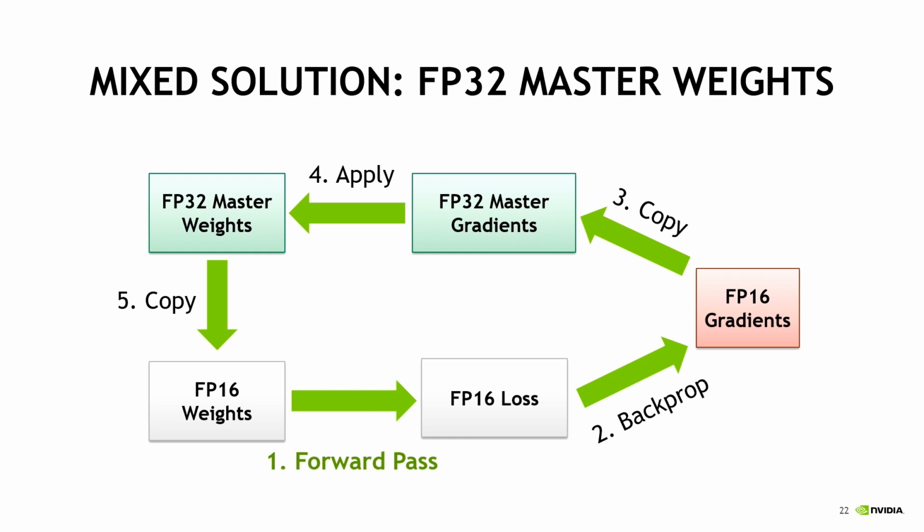And now we have maintained all the value of that update. We are taking those gradients that are representable in FP16 and applying them in a way to the weights that is also representable, so we can get the benefit of that gradient. And then before we go into our next forward pass, we're going to make sure that this master copy in FP32 is synced up with the model.